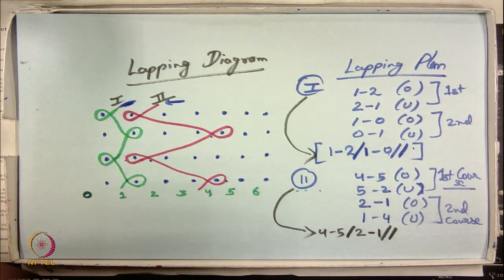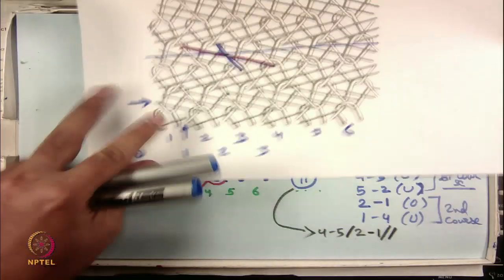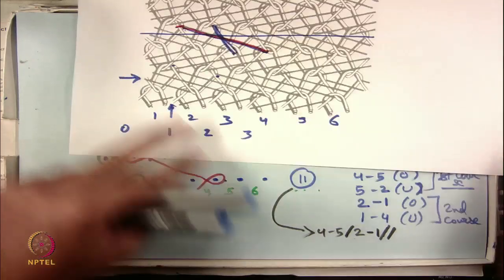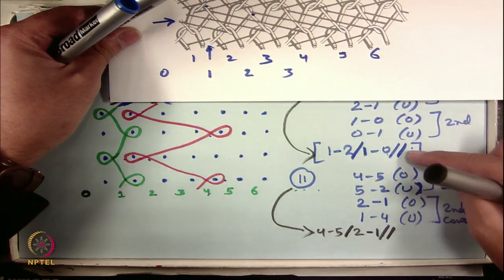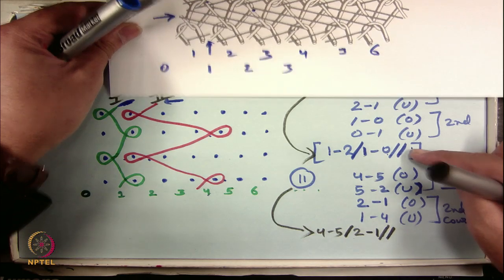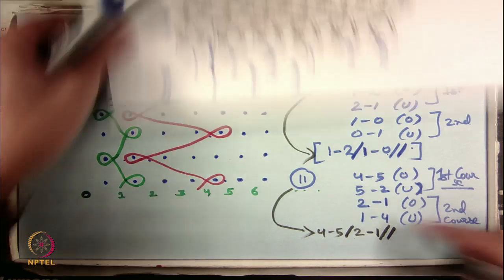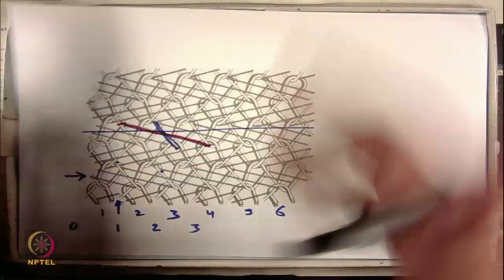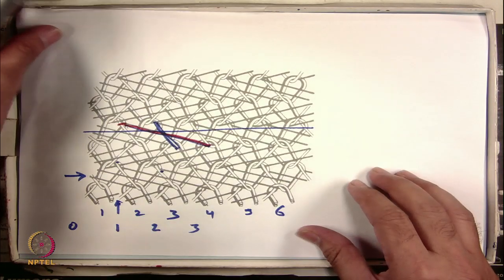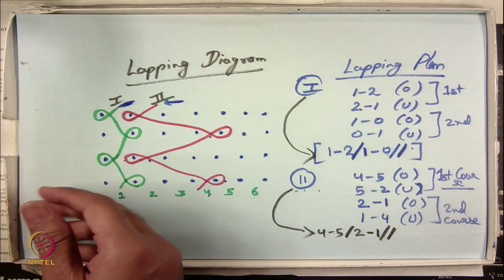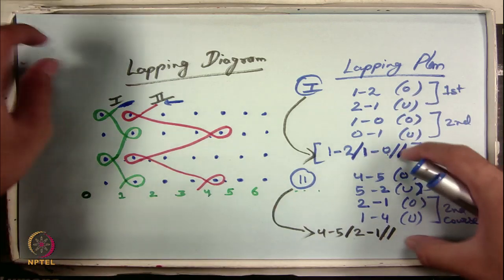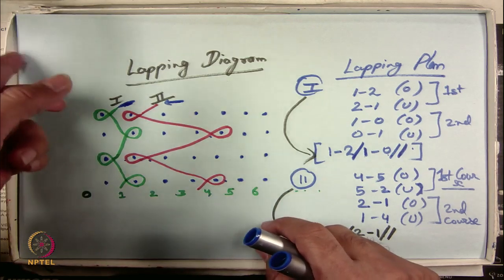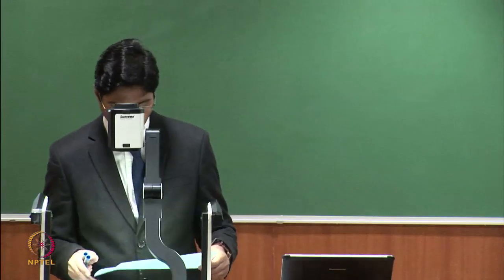So, the entire fabric, if you see this fabric, we can simply denote by these two guide bar lapping plans. Guide bar 1 lapping plan and guide bar 2 lapping plan, and this is more than sufficient to visualize the fabric. Okay. This is how warp knitting engineers work in the factory. They usually follow this type of lapping plan and lapping diagram.